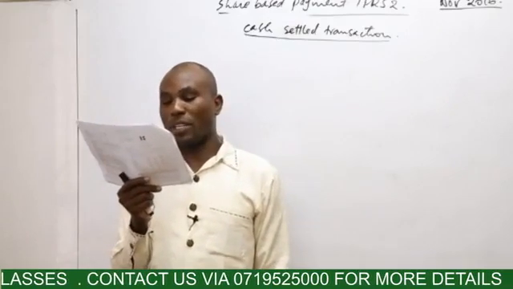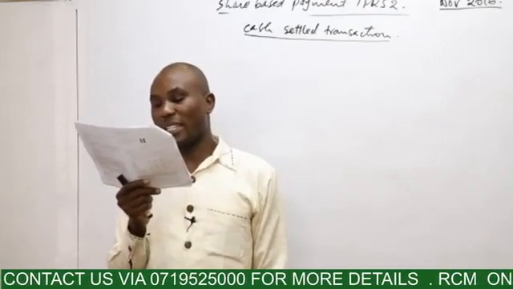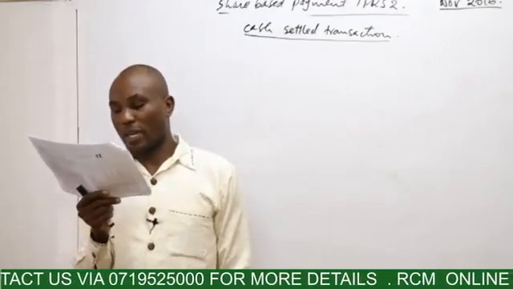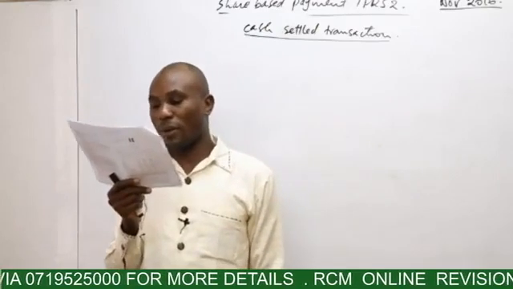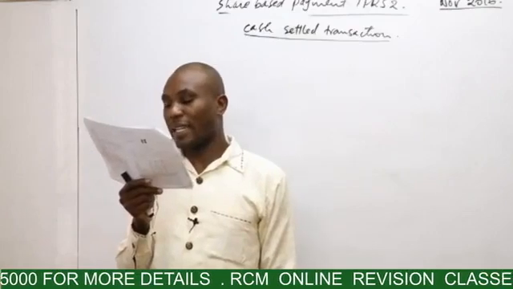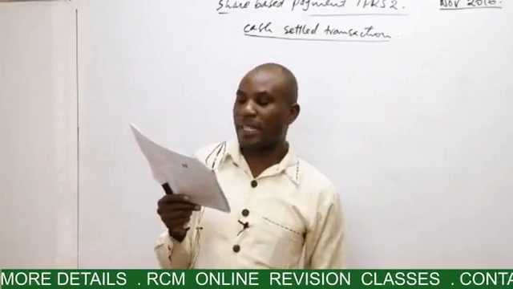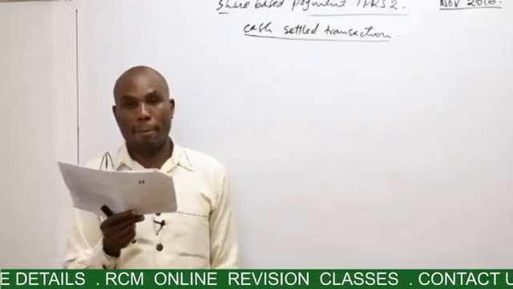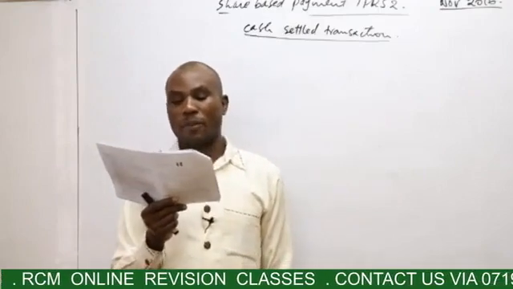All employees who were in employment as of 1st December 2013 were paid the bonus. Show how the bonus will be accounted for and reported over the 3-year period ended 1st December 2016. 6 marks. Now, good students, these are 6 marks for free.